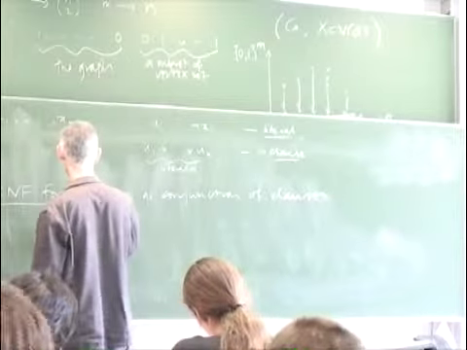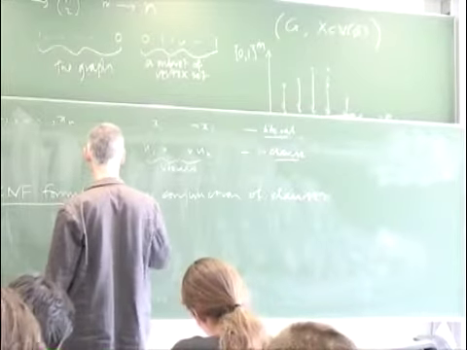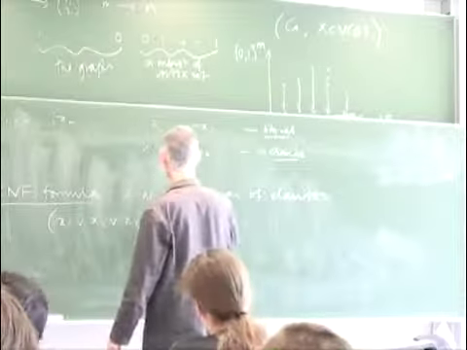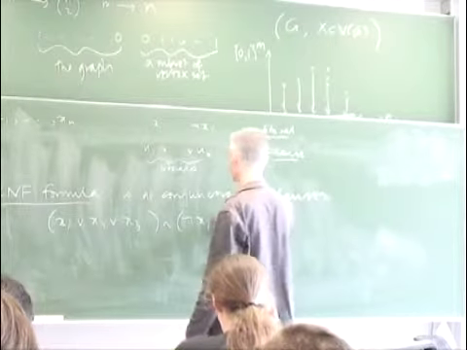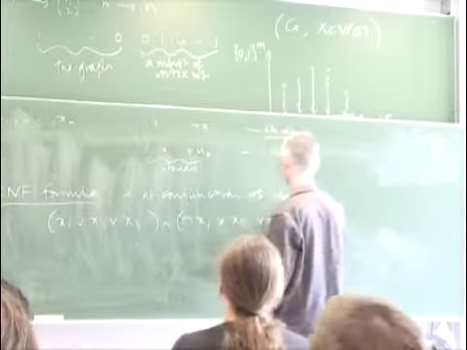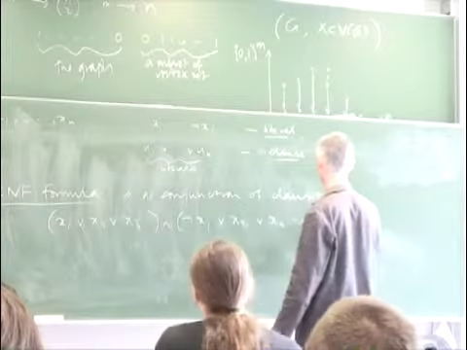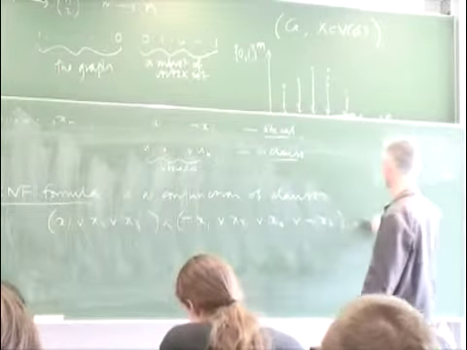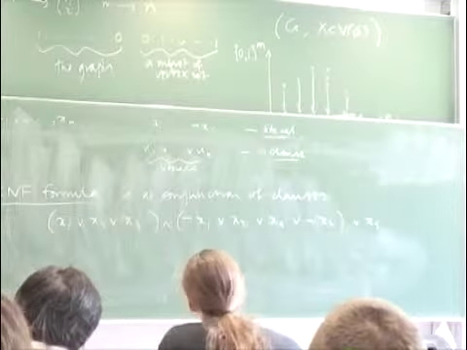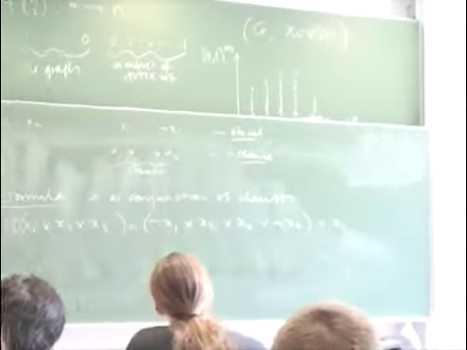Say x1 or x2 or not x3, and not x1 or x2 or x4, or not x6 or x5, or something like that. That would be an example of a formula in conjunctive normal form.